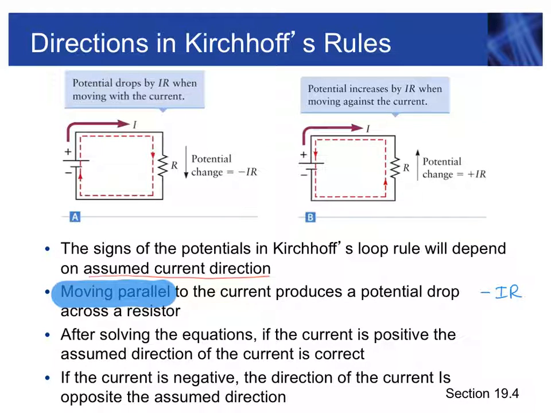So if we're moving parallel to the current, moving the same direction as the current. If we're moving anti-parallel to the current, we'll have to add. So if it's against the current, plus IR. Hopefully when we try to solve a couple of problems, it'll be more clear. Let's go to the next slide.